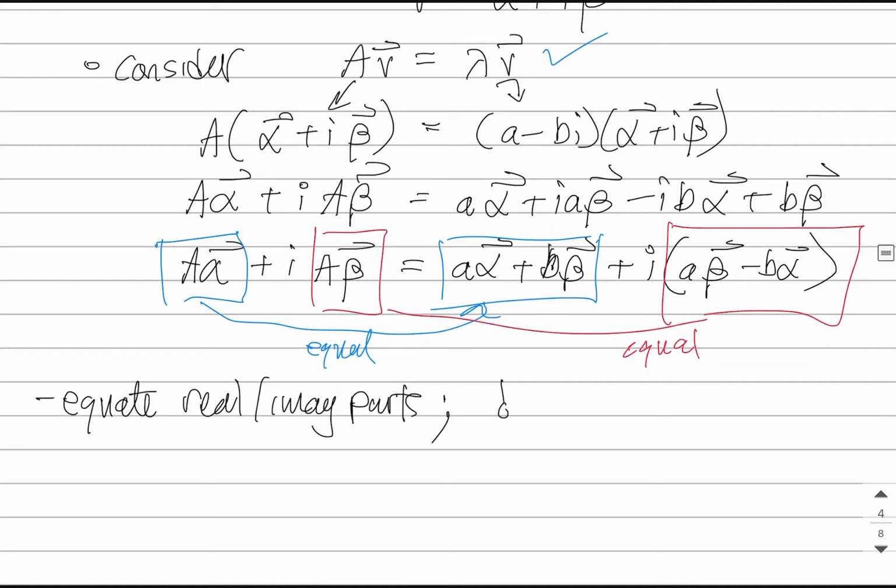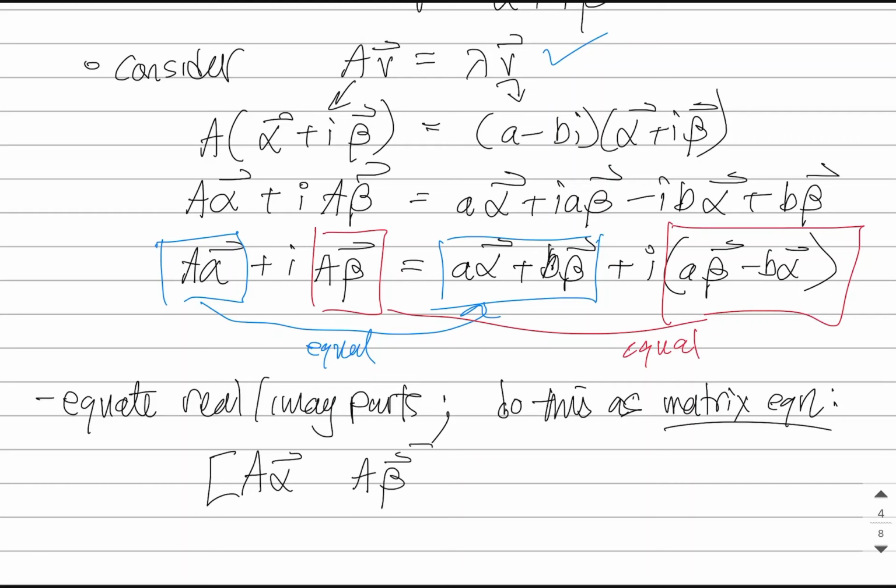We can do this as a matrix equation. On the left, I'll have the matrix that has the first column A alpha, second one A beta. Over on the other side, it's going to be a little bit spaced out here, but it's the same idea. This is a vector, and over there, we'll have negative B alpha plus A beta.